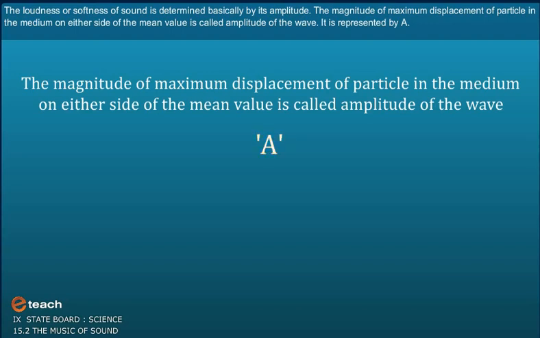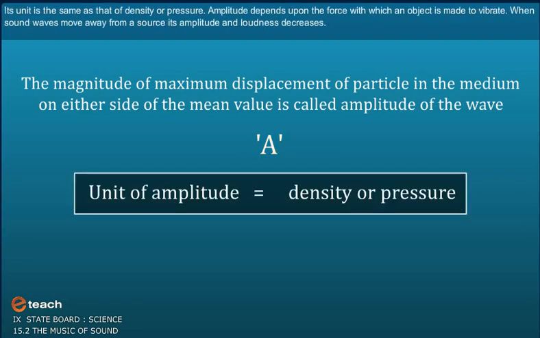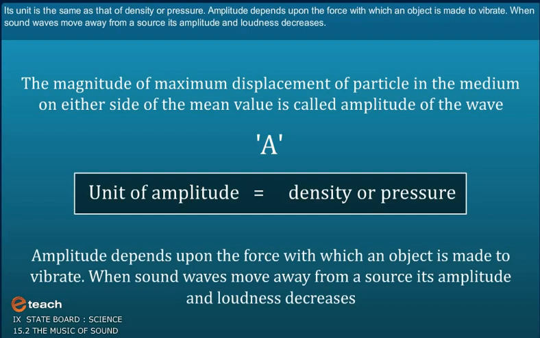It is represented by A. Its unit is the same as that of density or pressure. Amplitude depends upon the force with which an object is made to vibrate. When sound waves move away from a source, its amplitude and loudness decreases.